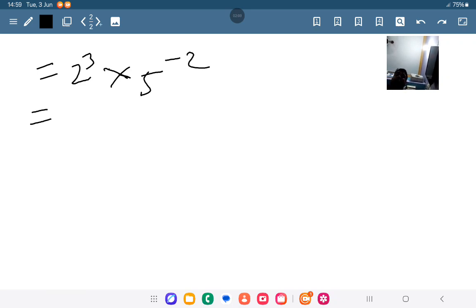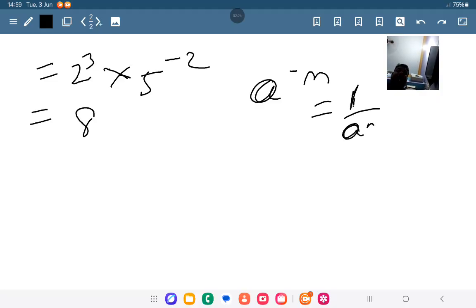2 to the power 3 you can directly say is 8. Here 2 will multiply 3 times, 2 into 2 into 2, so it's 8. You know, a to the power minus m is equal to 1 by a to the power m.